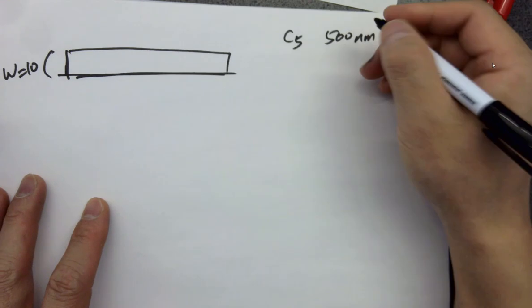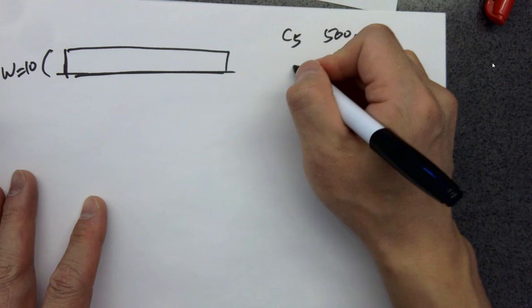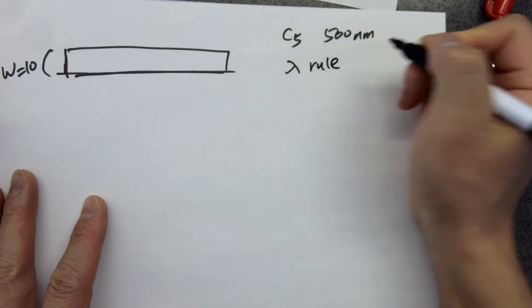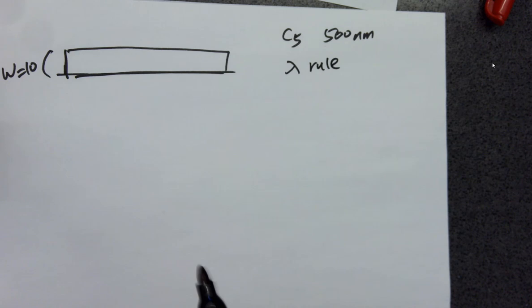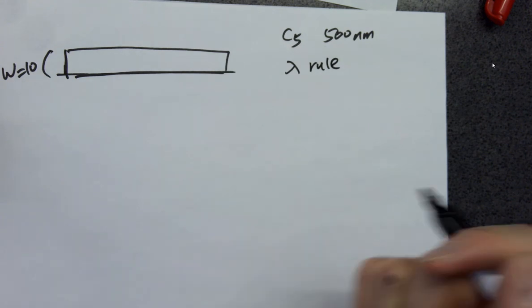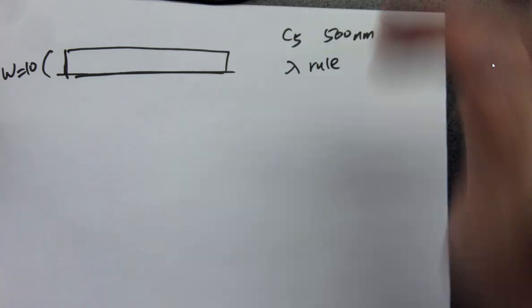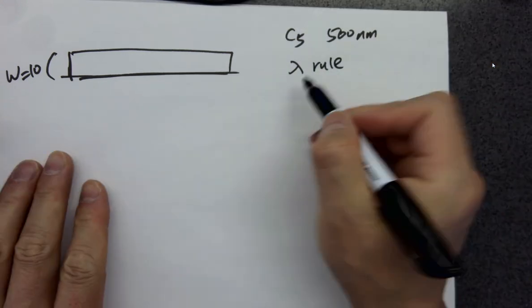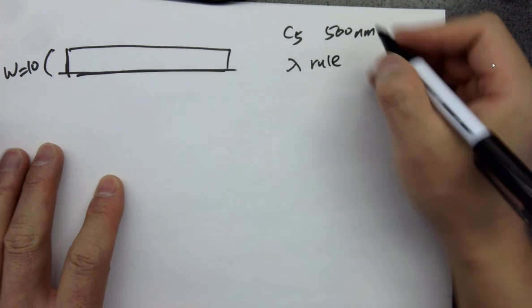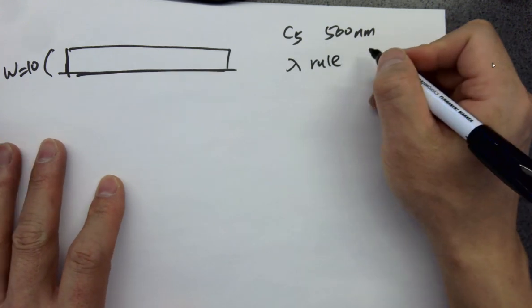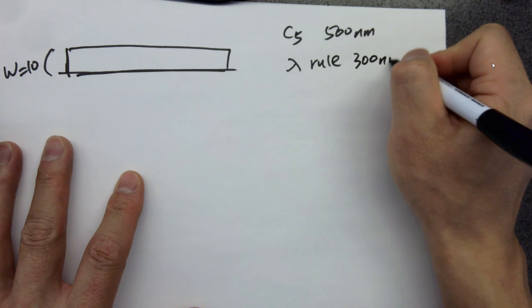However, we are using a rule called lambda rule for the design. What does that mean? Even though it's a very old technology, it's a very good starting point, so we can understand what's really going on, how things evolved. So with the lambda rule, we are using lambda in our design, which is 300 nanometers.